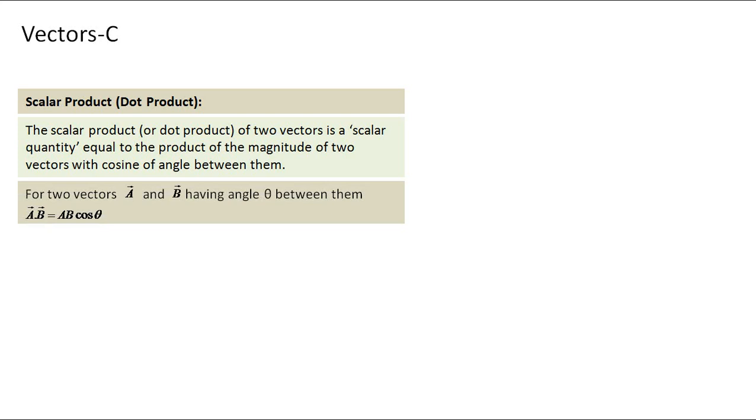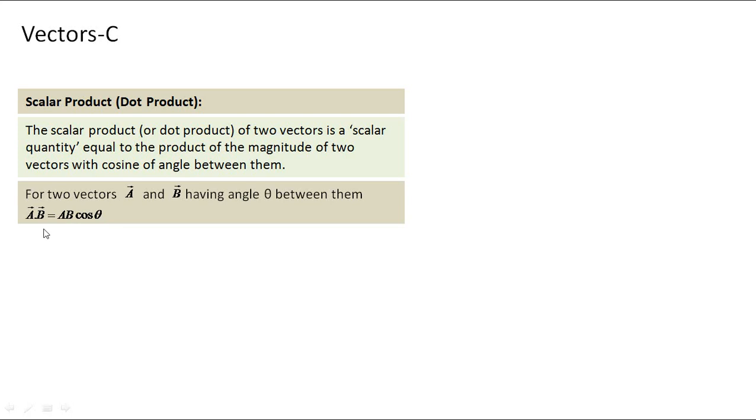If 2 vectors a and b are there and there is an angle theta between them, to measure angle theta, the vectors a and b are placed tail to tail. So a dot b, vector a dot vector b, is equal to ab cos theta. This is what the statement says: the product of the magnitudes and the cosine of the angle between the 2 vectors. A is the magnitude of the first vector, b is the magnitude of the second vector, and theta is the angle between them.